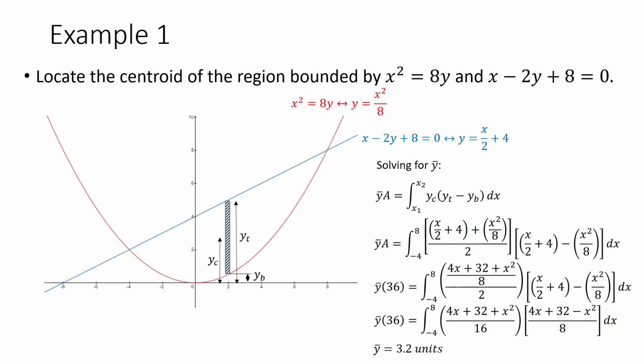So this is the solution. So ang purpose why I'm numbering the steps: so graph, then solve for the area, then solve for bar x, and then solve for bar y.